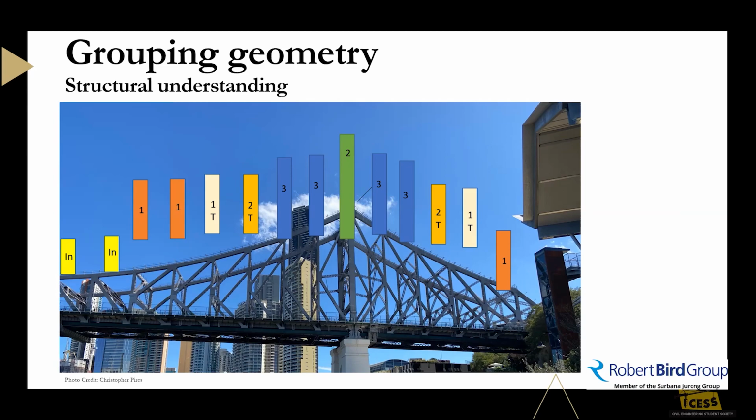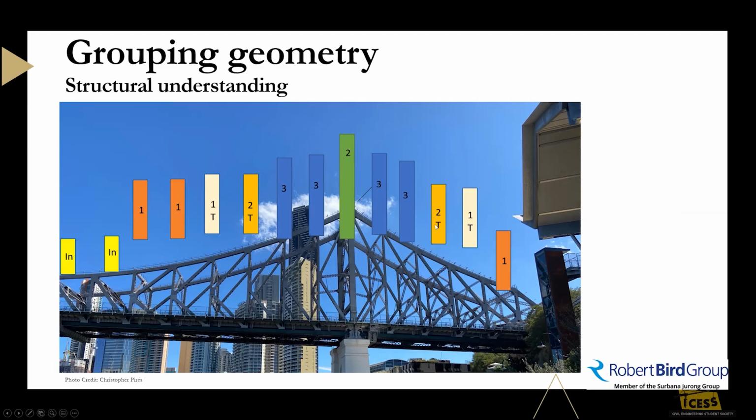So what we're doing here, in the structural understanding and grouping, is that if you look at the Story Bridge, you can see I've grouped these three because they have a truss system between each side face of one triangle, three triangles.